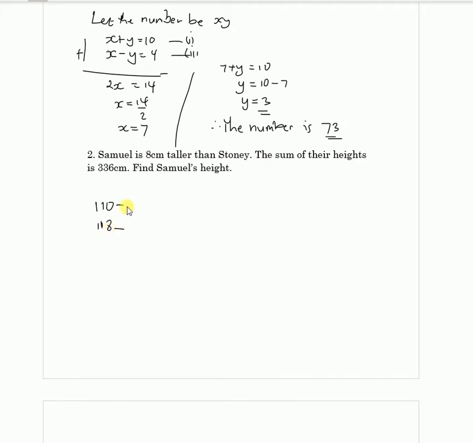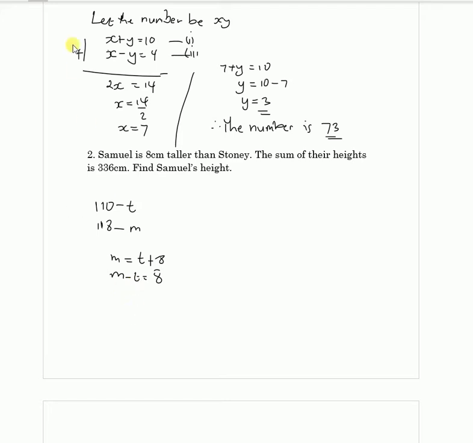If this one is T and this one is M, how do you get M? You get M by taking T plus 8. And you can also have that M minus T is equal to 8. There are ways you can handle that.